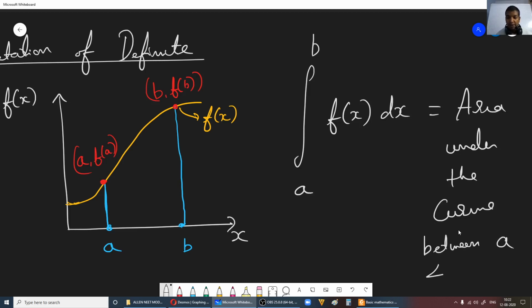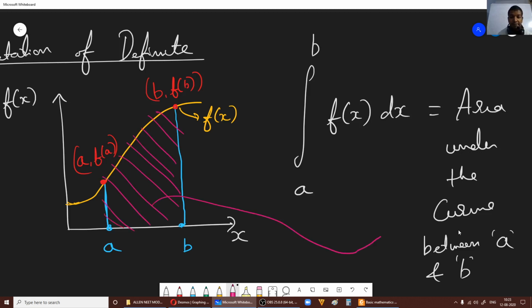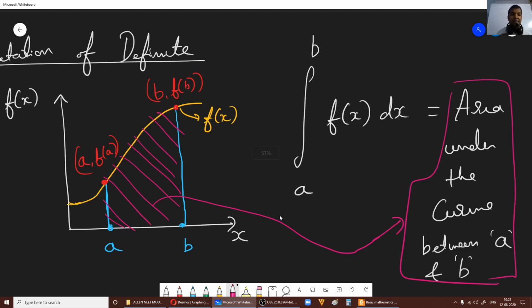Now this is important: area under the curve between a and b. So that is this particular area. Now you will come to know what its significance is.